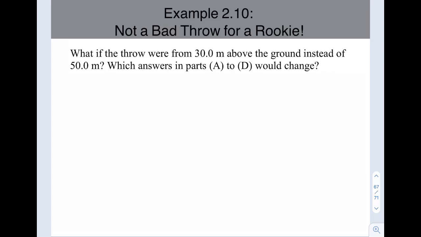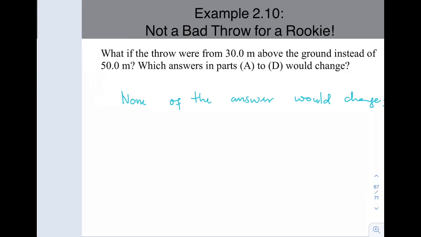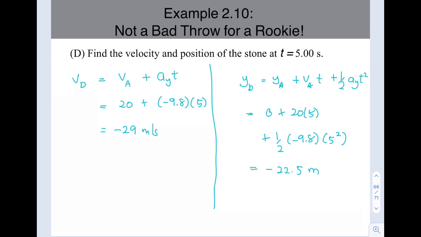What if the throw were from 30 meters above? None of the answers would change. Why? Mathematically, if we look back over our calculation, we see that we never entered the height from which the stone is thrown into any equation. Take a look. Did we put 30 meters in the calculation in part D?